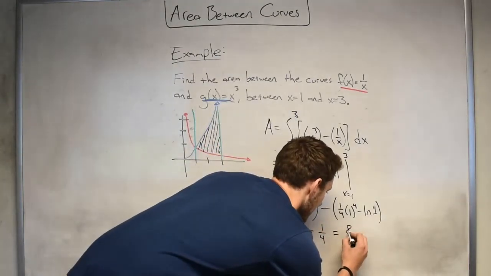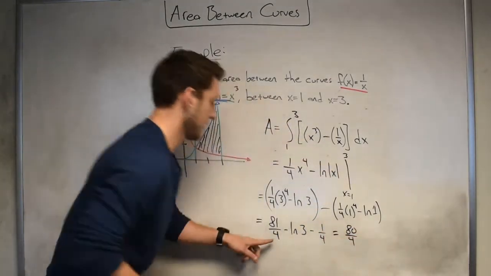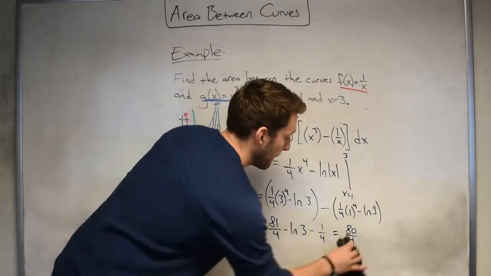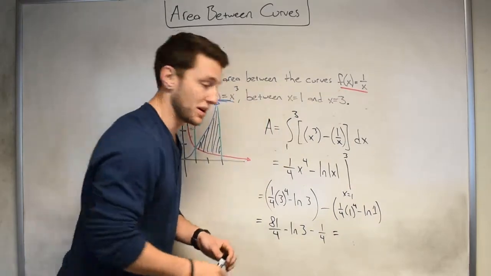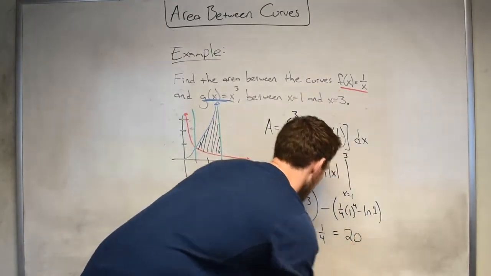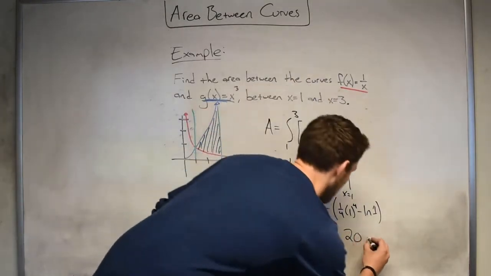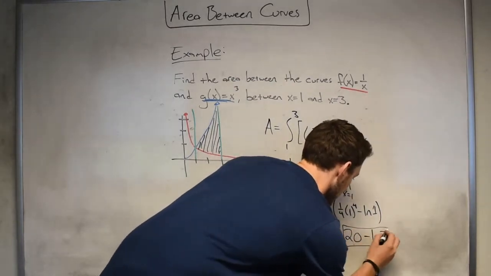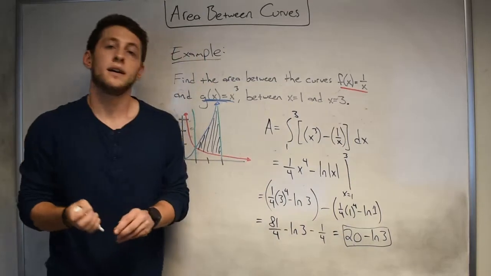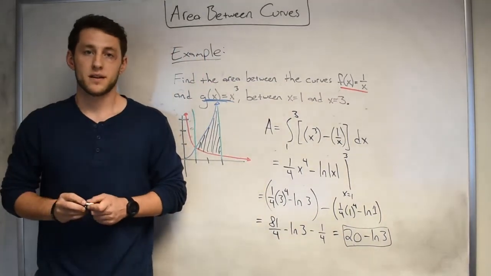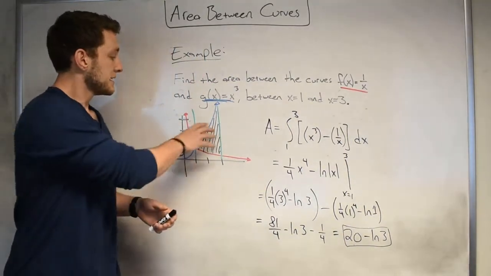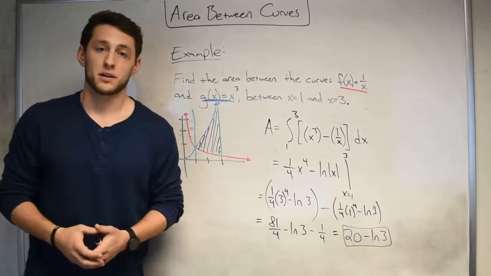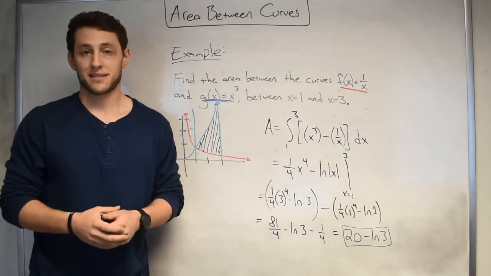This gives us 81 over 4 minus 1 over 4, or, better yet, 80 divided by 4 will give us 20 minus the natural log of 3. And that will be the area between the curves. Next time we'll be getting into how we can figure out this area when we don't necessarily have a pretty picture, when I just give you two functions and that's it.